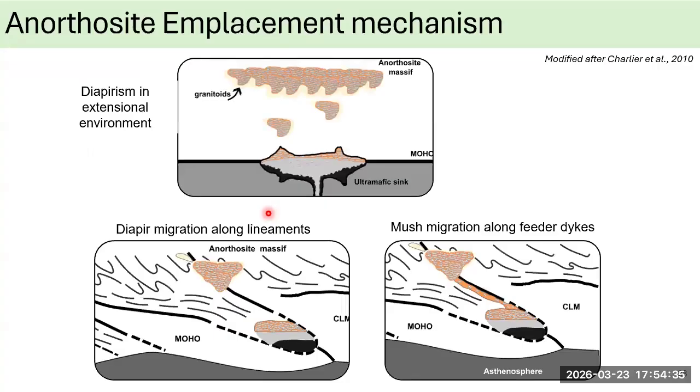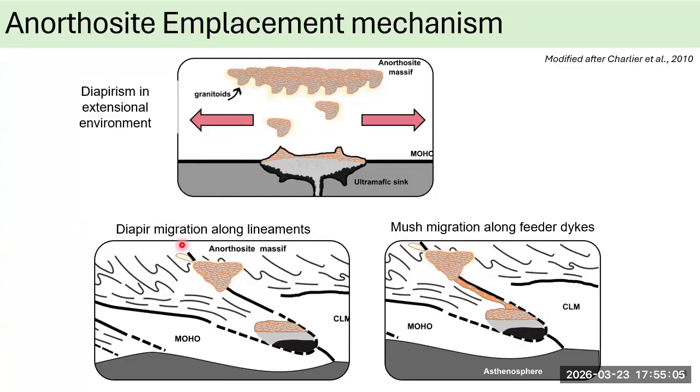So this is just to sketch different models. One model is that they form in extensional environments when we have a rise of these diapirs. Another is that diapirs migrate along lineaments, along weaknesses in the crust, or that there is a feeder dike feeding a higher-up magma chamber with this anorthositic melt.